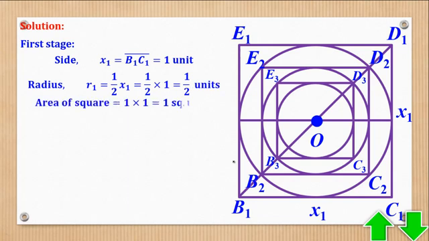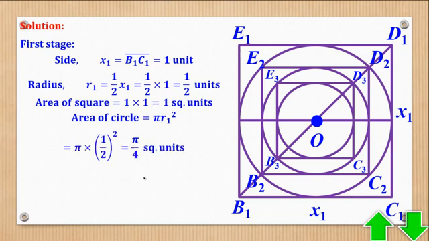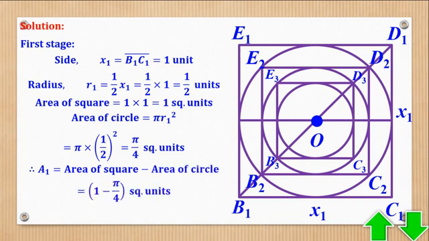Therefore, I'll get the area of the square and the area of the circle and subtract the two. Then when I subtract, I'll get A1.